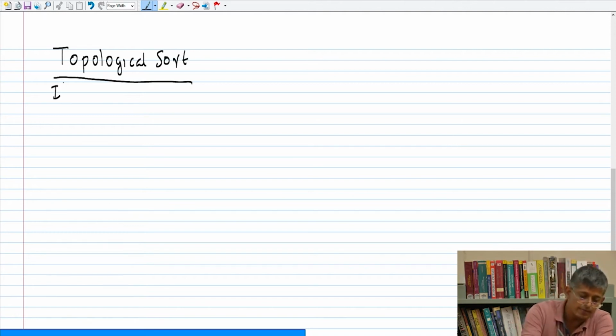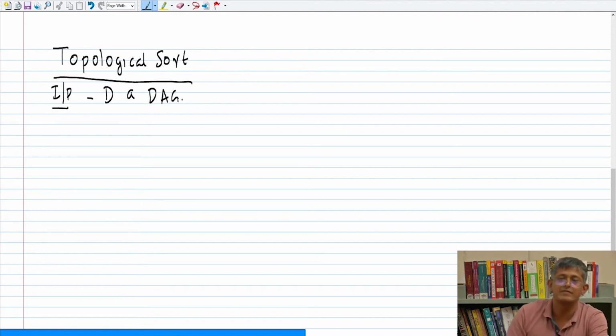The input is D, a directed acyclic graph.